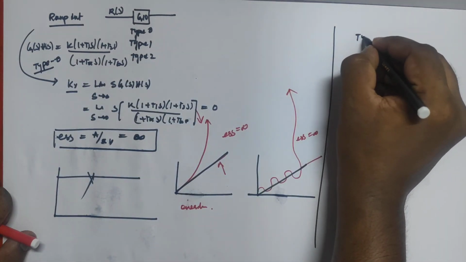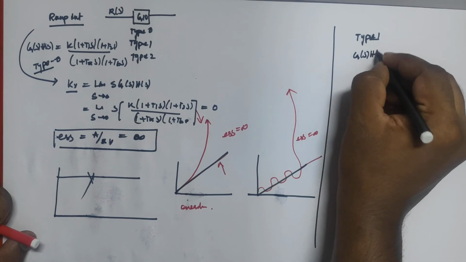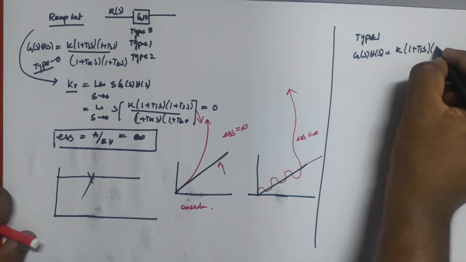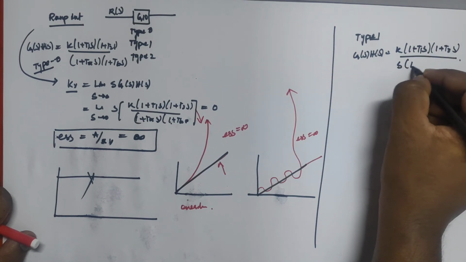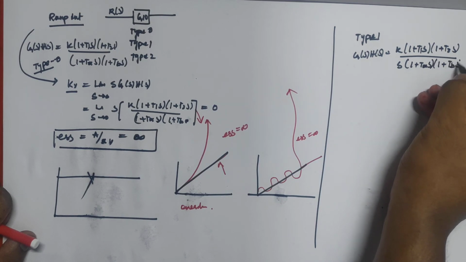Now for type 1, what we will have is G(s)H(s) equal to K (1 + T1 s)(1 + T2 s) by s into (1 + Ta s)(1 + Tb s).